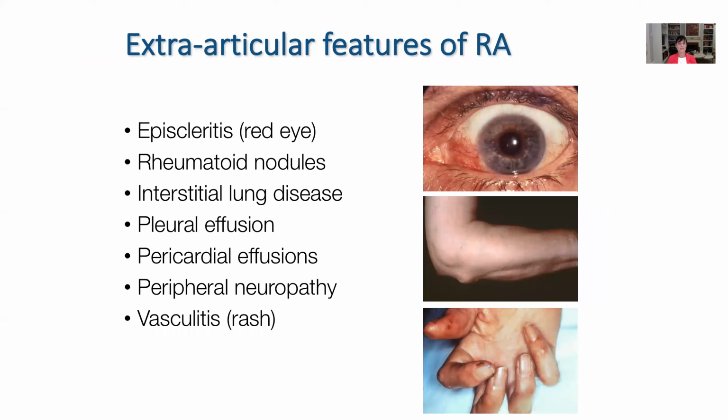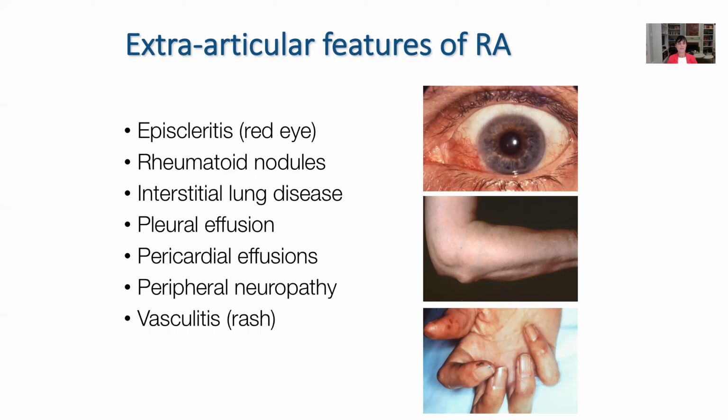As mentioned, there's a large range of extra-articular features that can be present in rheumatoid arthritis. These are much less common these days, given the emphasis on early identification and treatment before many of these extra-articular features develop, although occasionally they can occur before the arthritis.